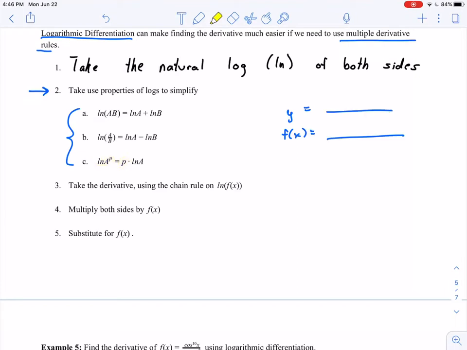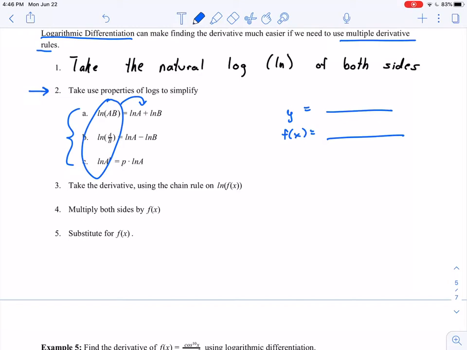So in all of these properties, we're always taking something that looks more complicated. We're taking that one single logarithm, and our goal here is to try and break it down and rewrite it so that we have more simple logarithms. So we're trying to simplify these logarithms as much as we can.